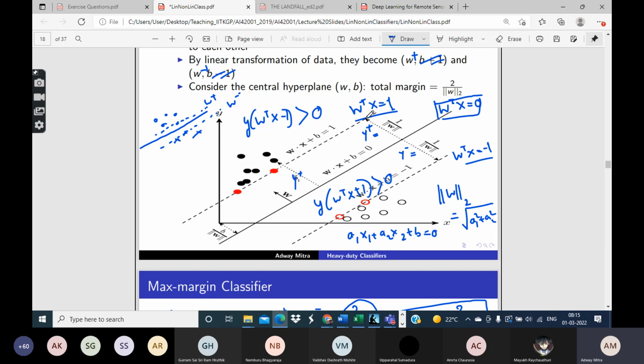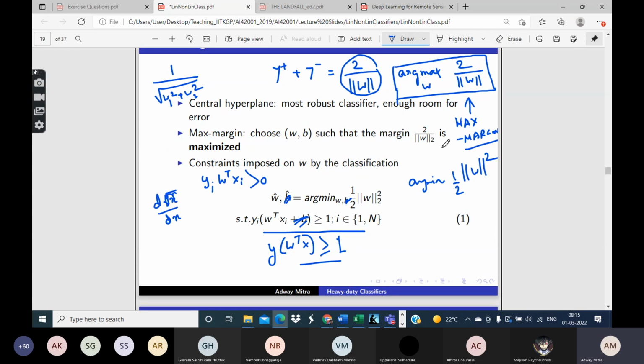Now we can use the formula of coordinate geometry to calculate the perpendicular distance between them, and it works out to be 1 by the L2 norm of W, where the L2 norm of W is basically, as you know, the square root of the sum of the squares of all the elements. Similarly, the margin gamma minus is also 1 by the L2 norm of W. So the total margin, gamma plus plus gamma minus, is equal to 2 by the L2 norm of W.